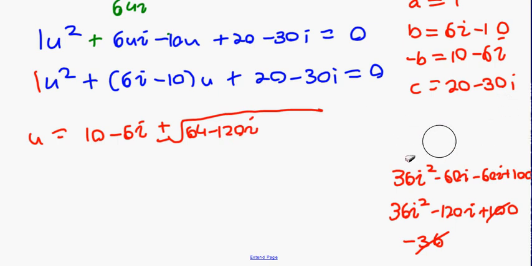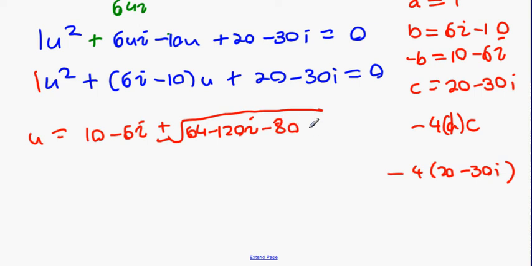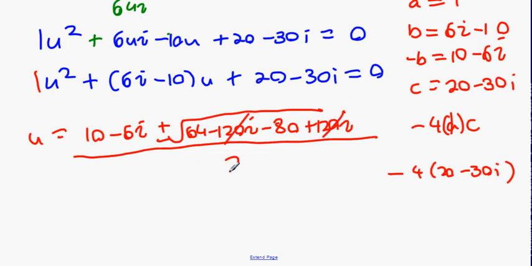Now we're on the minus 4ac part. Minus 4ac, so it's got minus 4 times 1 is 4, 20 minus 30i, and what we're going to get is minus 80 plus 120i. That's good news because those 120i's cancel, and that's all over 2.